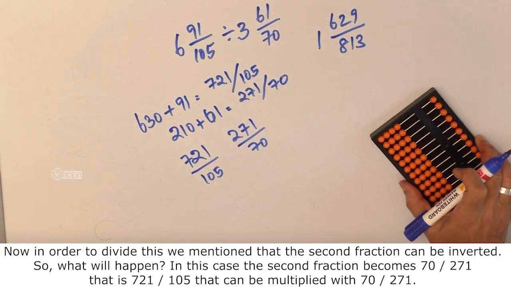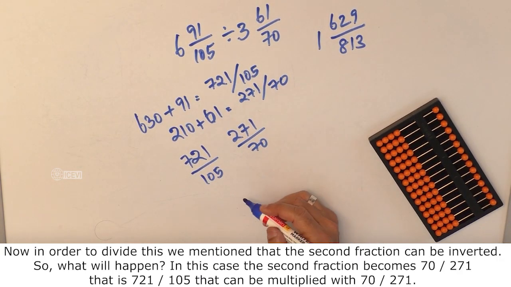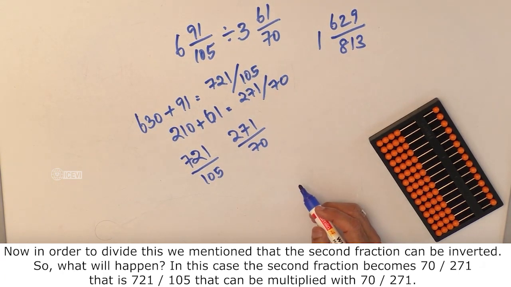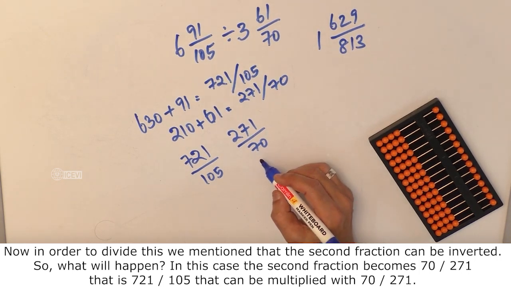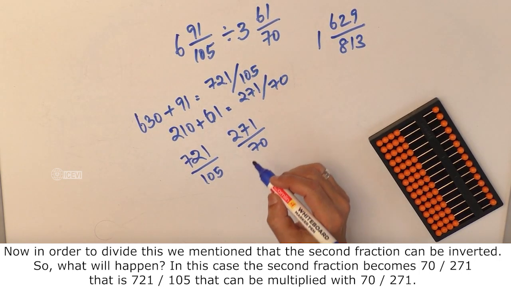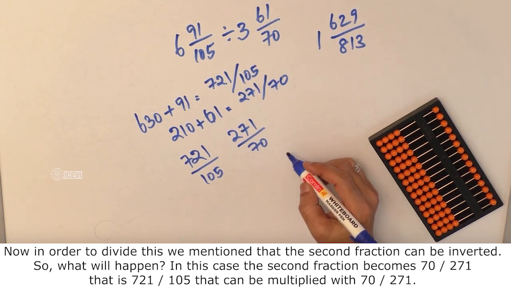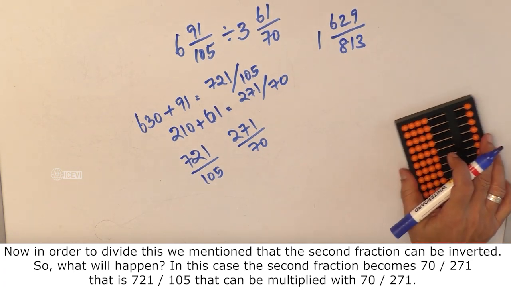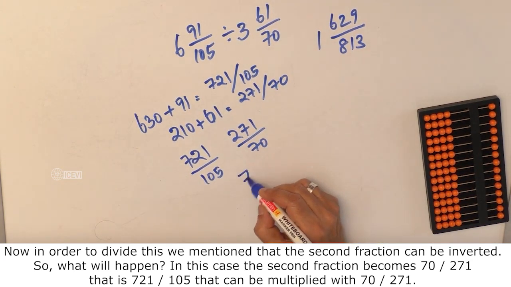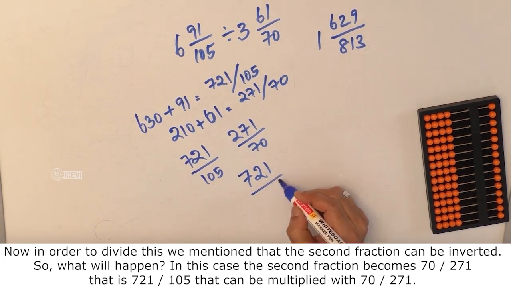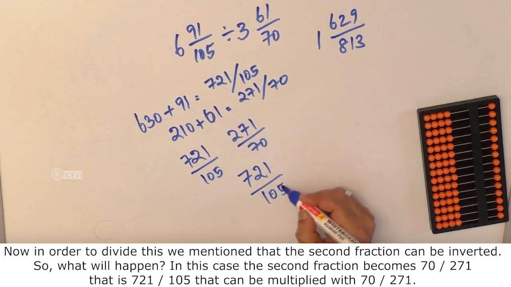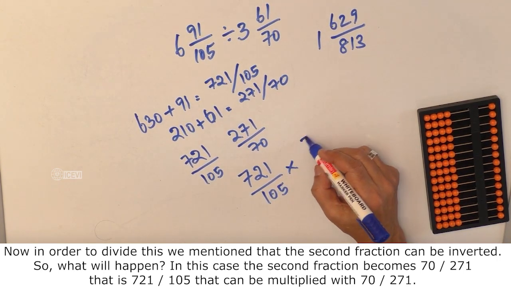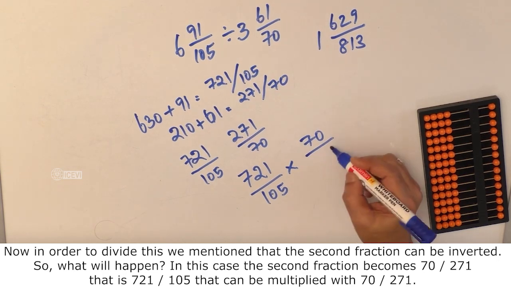Now in order to divide these, the second fraction can be inverted. The second fraction becomes 70 by 271, so 721 by 105 is multiplied with 70 by 271.